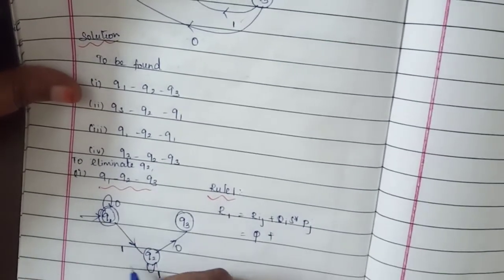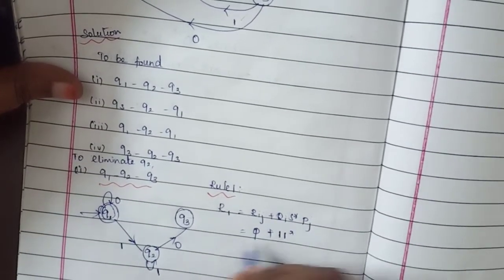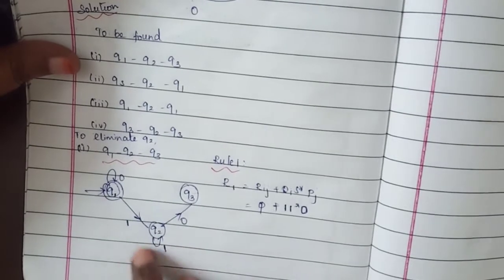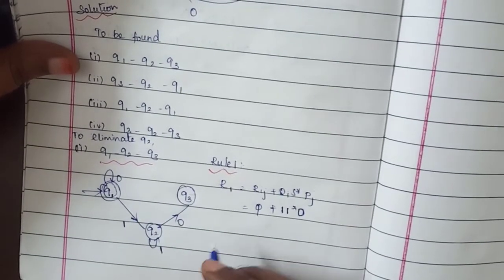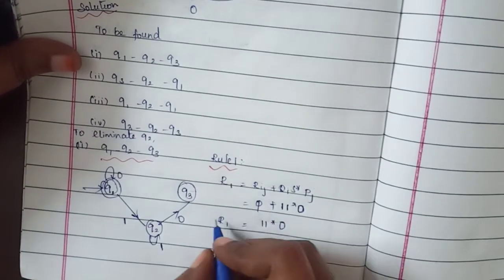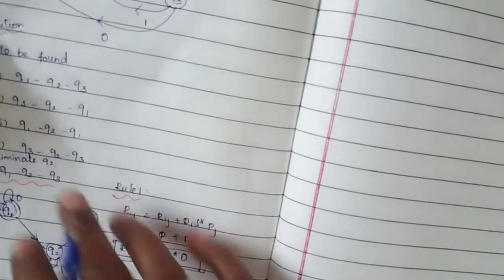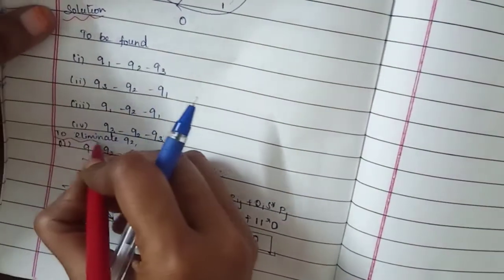Qi is 1, the self-loop is 1 closure, and Pj is 0. So R1 equals 1 closure 0, 1*0. This is my R1.